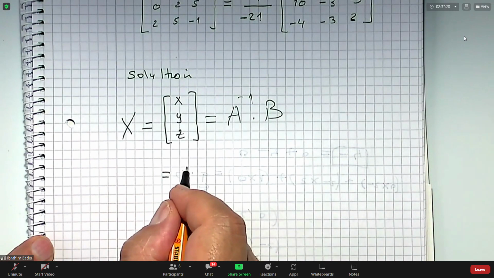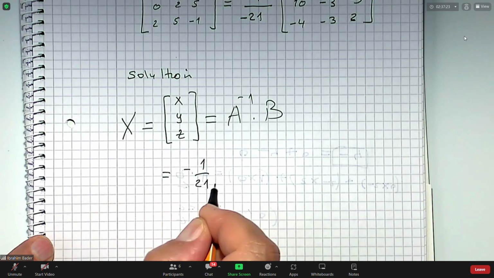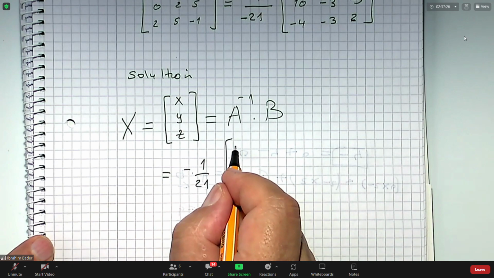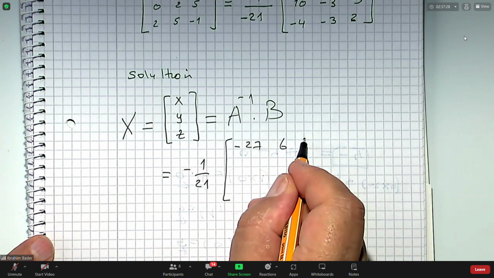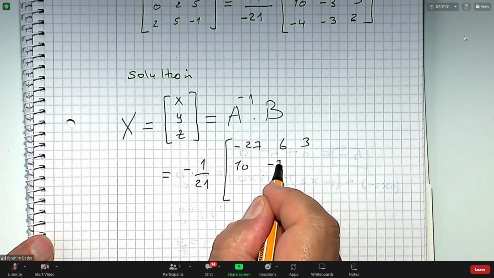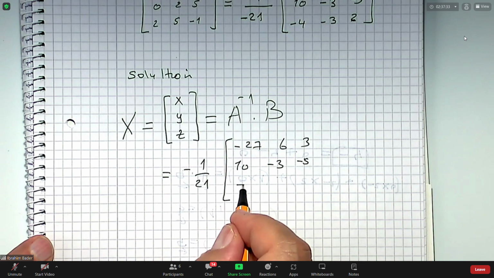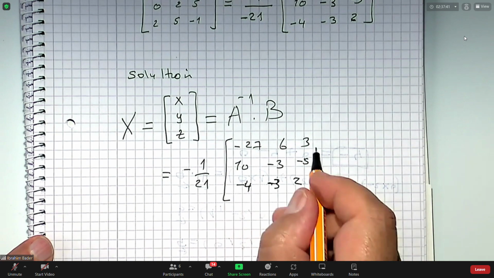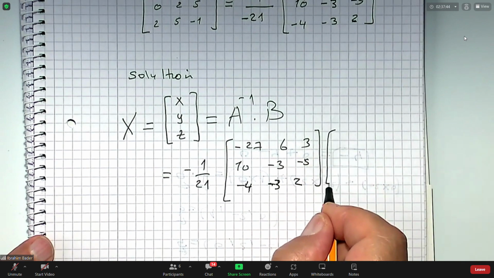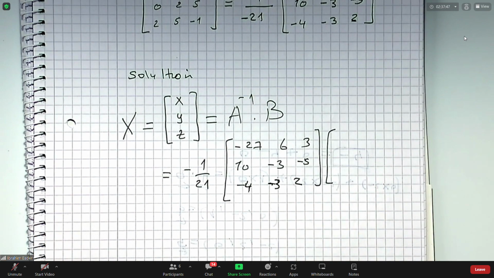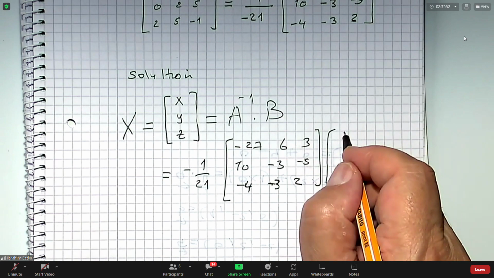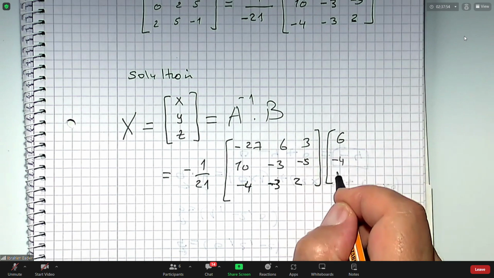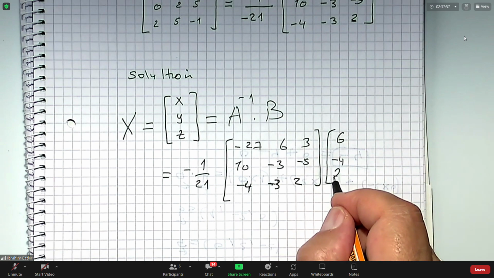This is equal to -1 over 21 multiplied by -27, 6, 3, 10, -3, -5, -4, -3, and +2. Now we need to multiply this with the right-hand side. Remember what the right-hand side was? Let me check it. 6, -4, and positive 27.